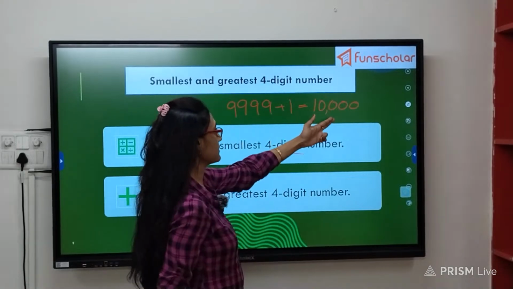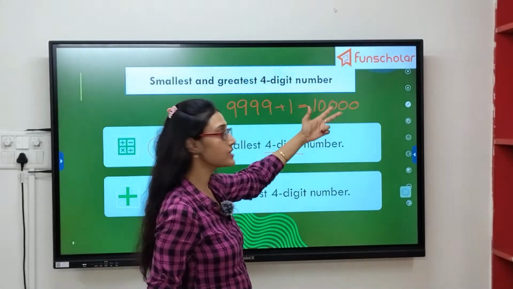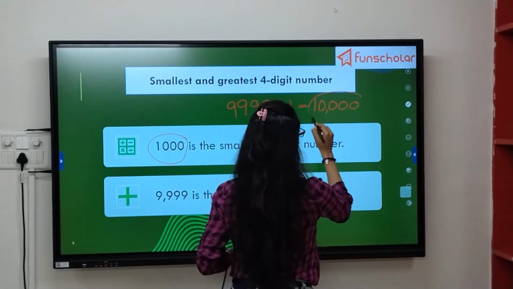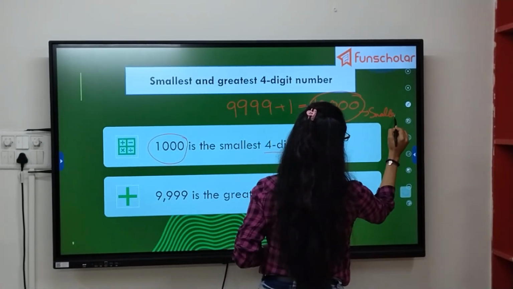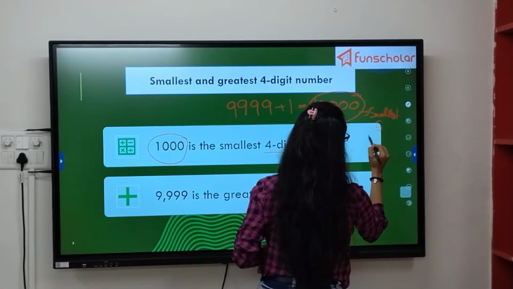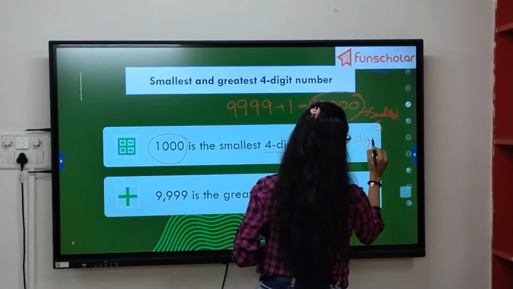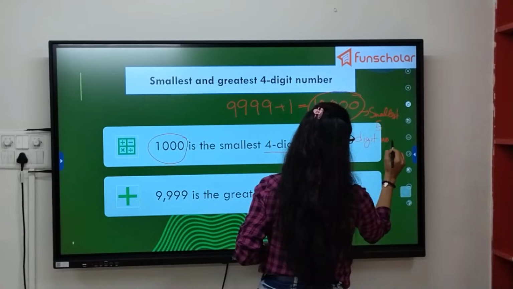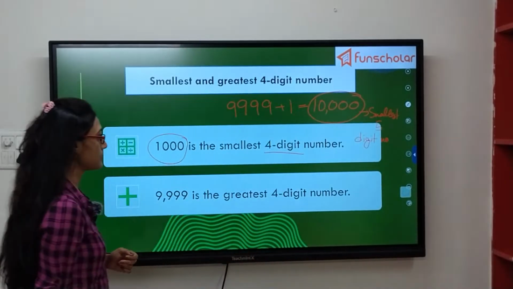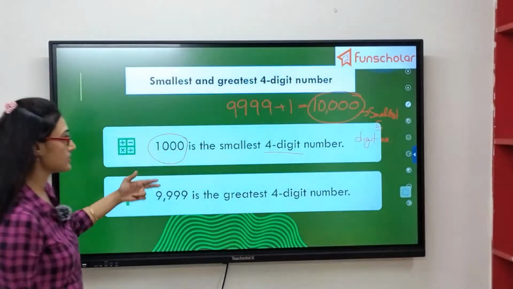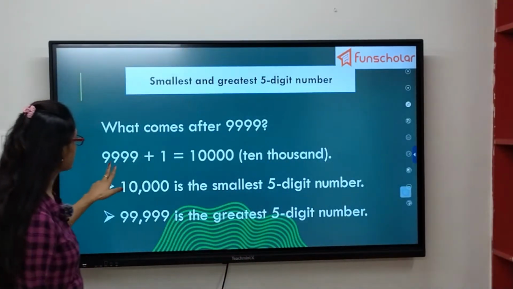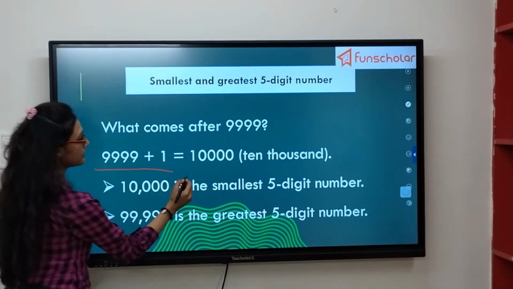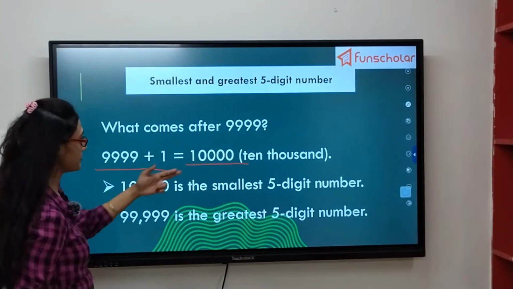Okay. Now this is again the smallest 5-digit number. Right? So let's see. See, if you add 1, it becomes the smallest 5-digit number.